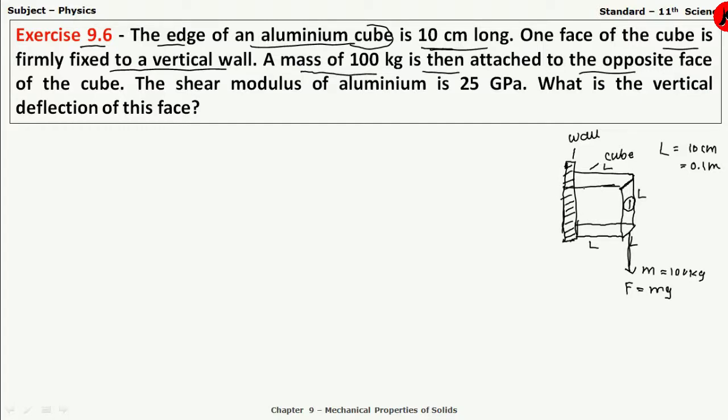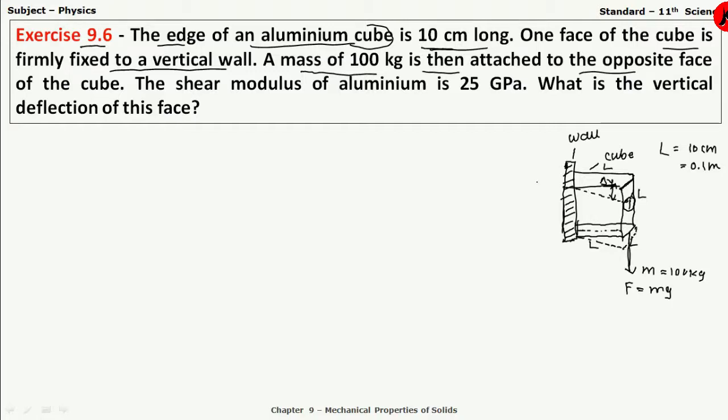Then the cube becomes like this, it gives the vertical deflection. It gives the vertical deflection as delta y. Here we can see this vertical deflection is denoted as delta y.